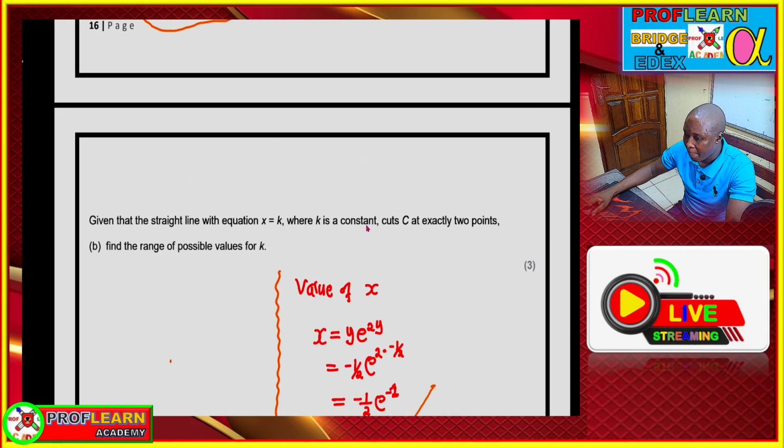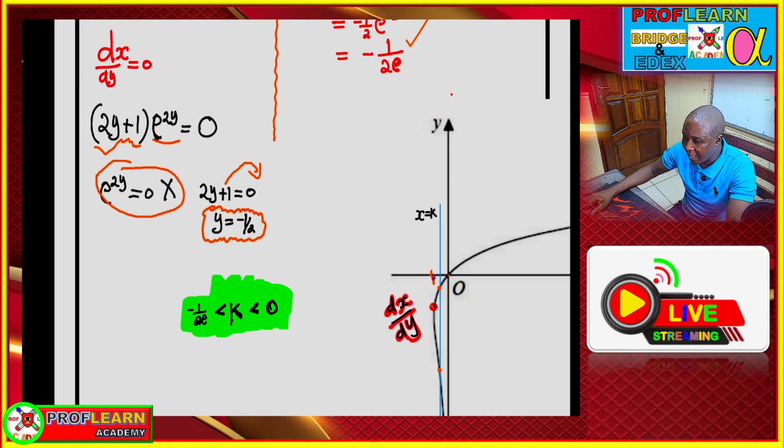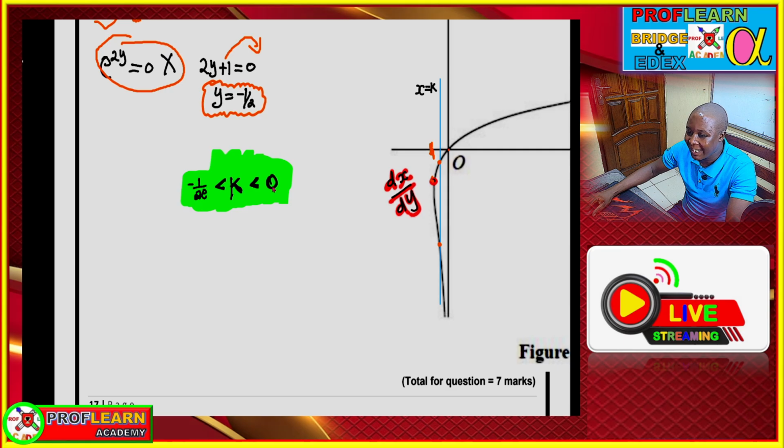Meaning that our x at the turning point is negative 1 over 2e. Then k should lie between these values. You can see now k should be less than 0 but greater than negative 1 over 2e.